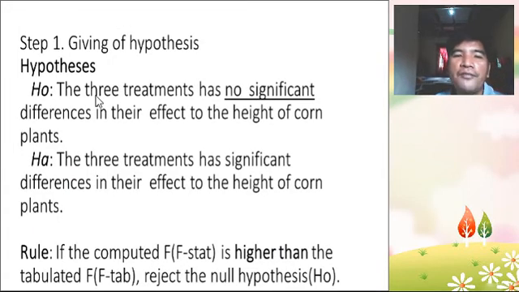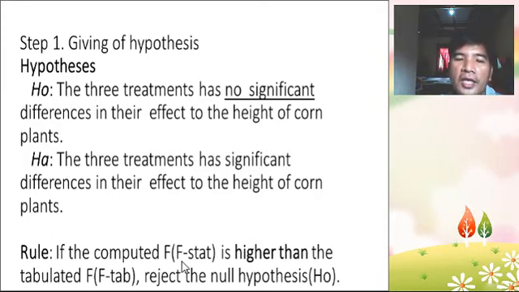Then we have here the steps on how you are going to compute. First, you give your null hypothesis and alternative hypothesis. For our null hypothesis, the three treatments have no significant difference. For the alternative hypothesis, the three treatments have significant difference. To check which one is the correct hypothesis, you have to follow this rule.